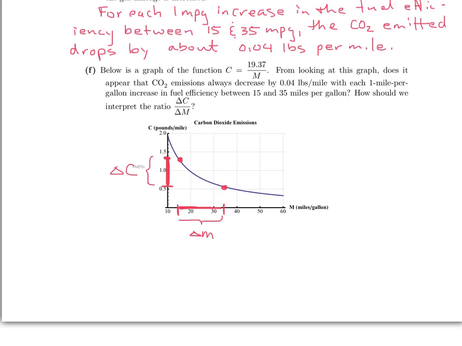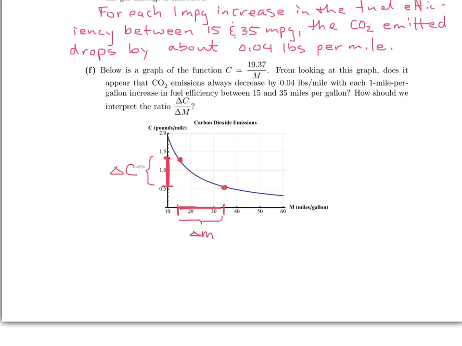If this sentence is correct, then it would mean that each time we start at a point on the graph between the 15 miles per gallon and the 35 miles per gallon, so if I start at a point in this range here, and then I move 1 unit to the right, which corresponds to a 1 mile per gallon increase in my fuel efficiency, then the graph should fall by the same amount, namely 0.04 pounds per mile. Is this what we actually see happening?